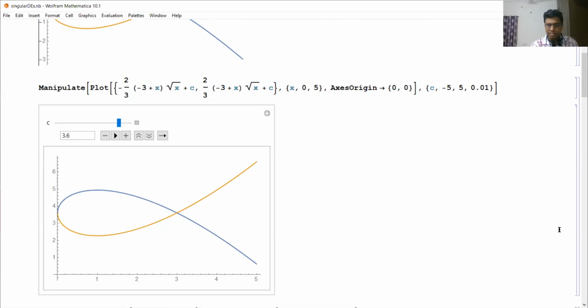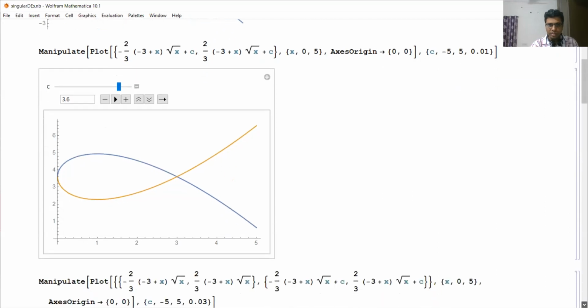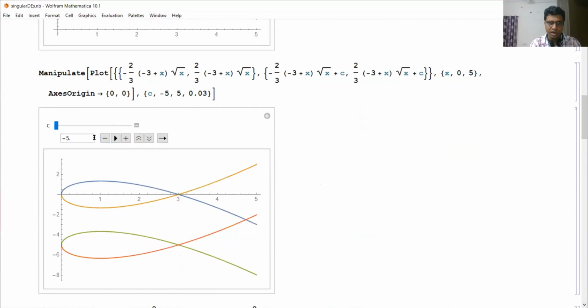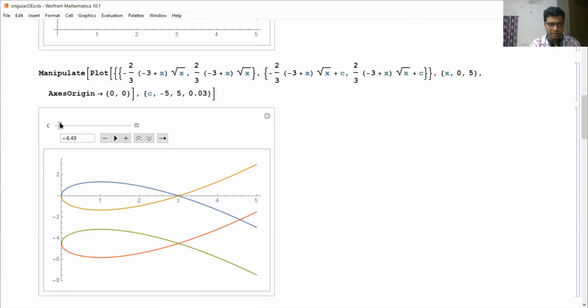Okay, let us see. Now we sketch different curves at a time. So see this one. Here we have taken two different values of c. One value of c is 0, another value is, let us take another value.